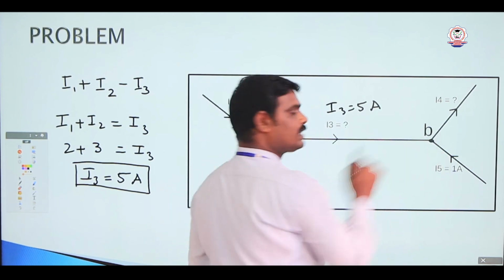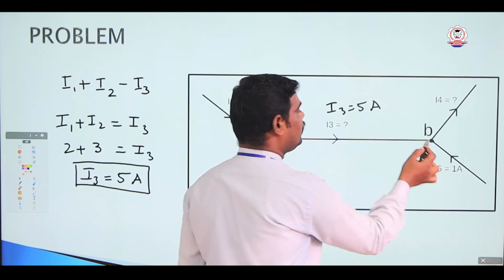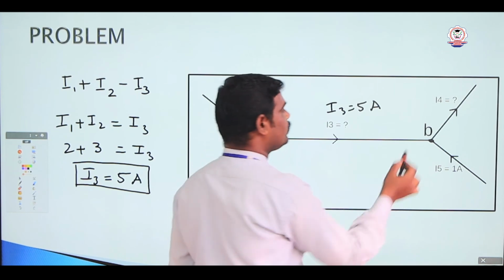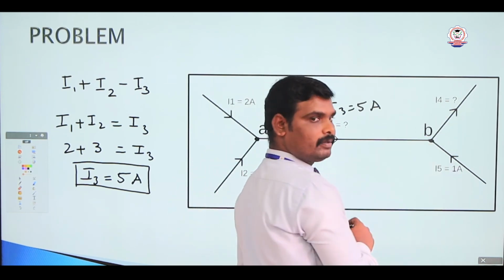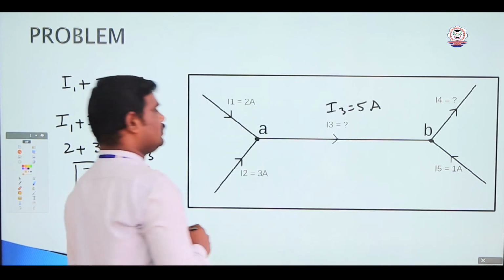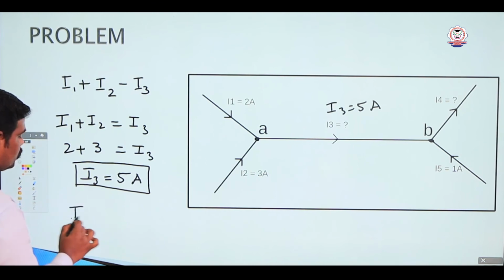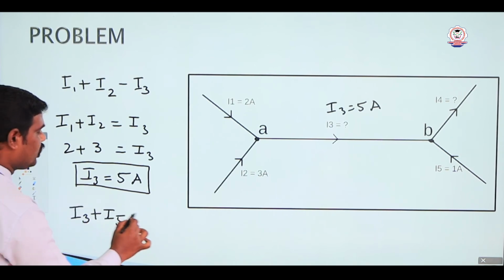In this junction we have three currents: I3 and I5 are flowing towards the junction, but I4 is leaving this junction. So we can write the formula, towards the junction means positive: I3 plus I5 equal to I4.